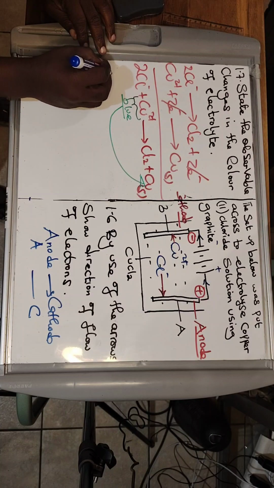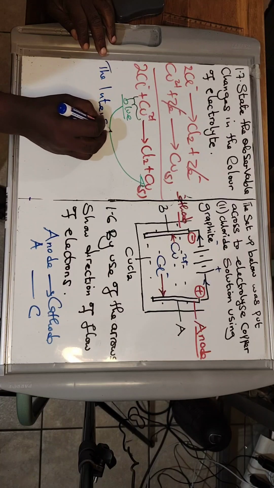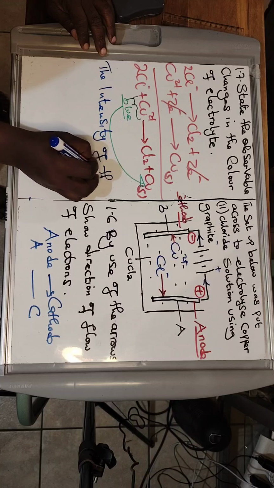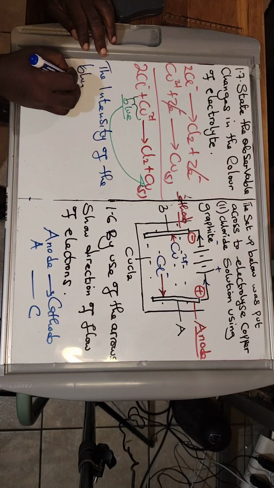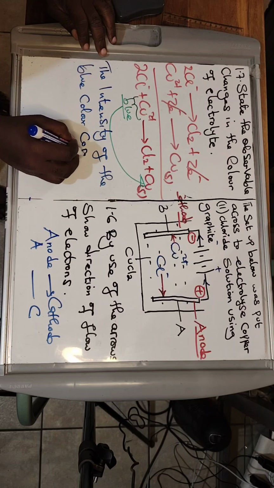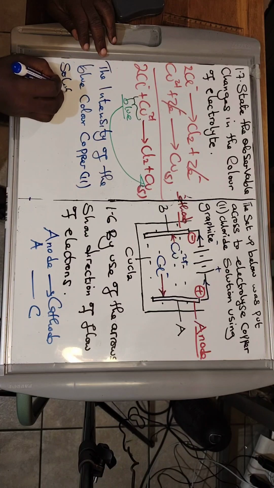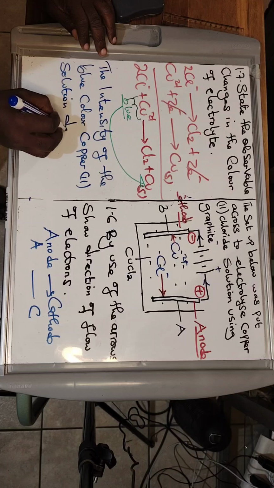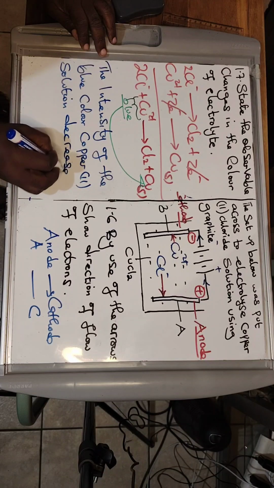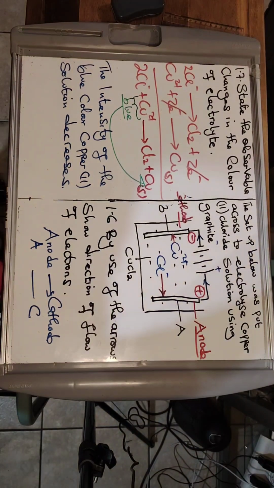We say the intensity of the blue color of the copper solution decreases. That's why if the reaction is allowed to proceed for a long time, it will disappear. That's how we answer that one.